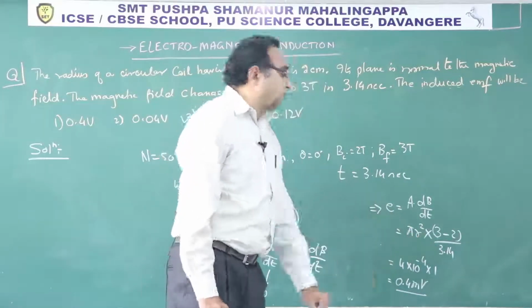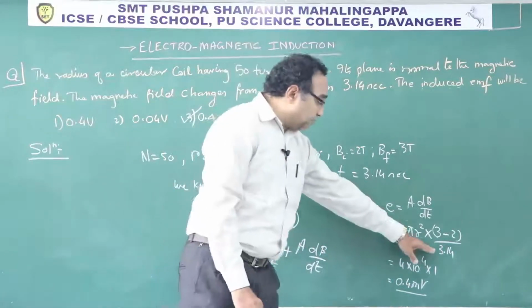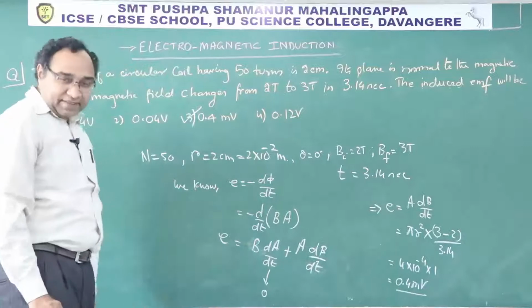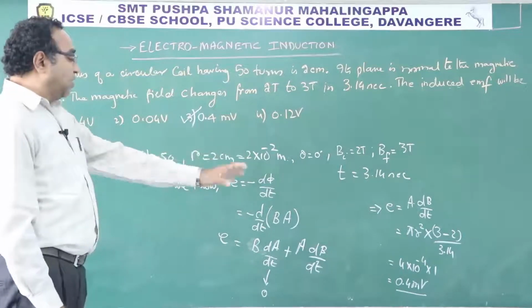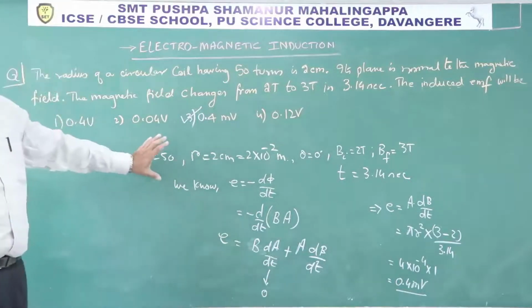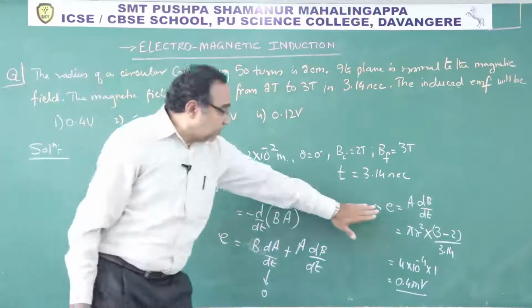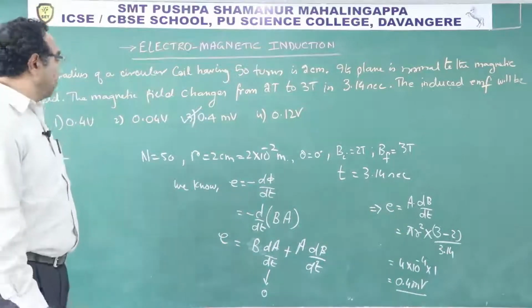Pi is also 3.14. You will get 4 millivolt when the time is not 3.14, not cancelling, then only you will get it like that. Okay, so that is exactly how we can evaluate and get the answer. Please understand how exactly. See here, we have considered the magnitude of the induced EMF. That is what the question is.